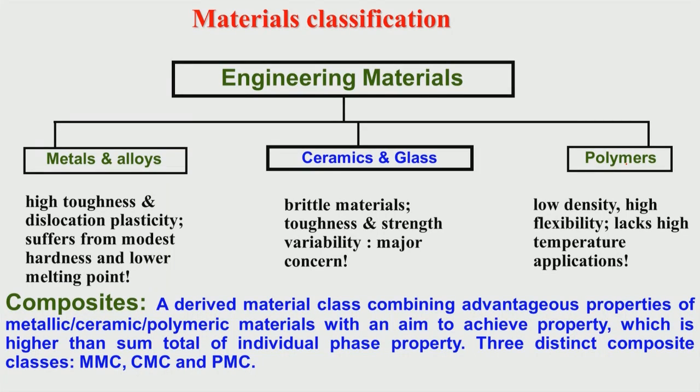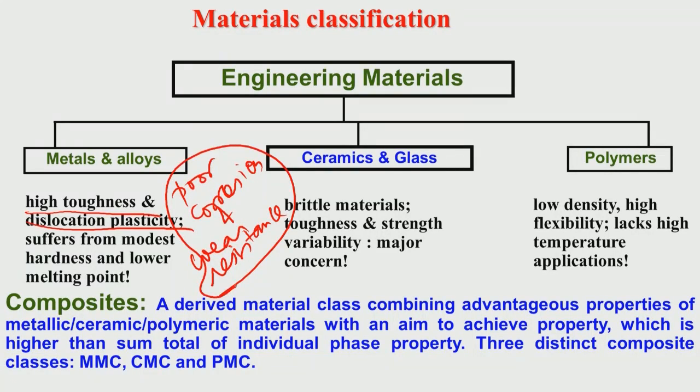Advantages of metals include high fracture toughness and dislocation plasticity, but disadvantages include poor corrosion and wear resistance, because when these materials are implanted they experience the physiological medium, and in the human body the pH and temperature are not uniformly the same throughout.